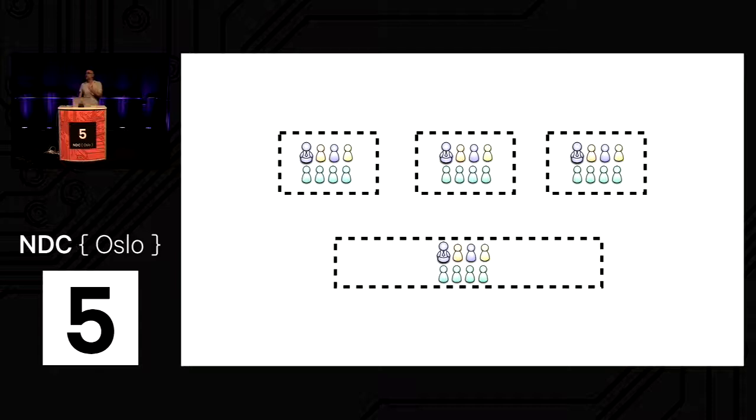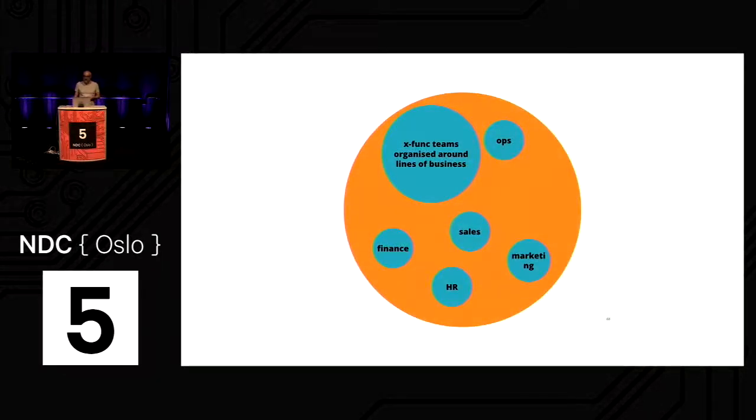And these dotted lines show that Conway's law is going to reinforce the decoupling of these teams and enforce the cohesion of these teams, and therefore the software that they're creating. So cross-functional teams organized around lines of business. Nice. Yay.